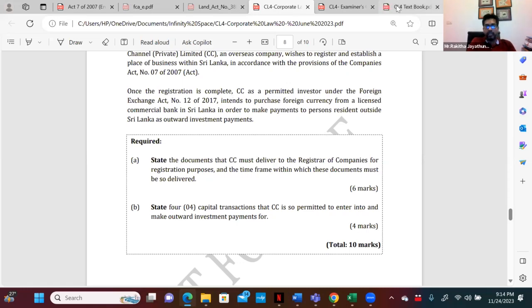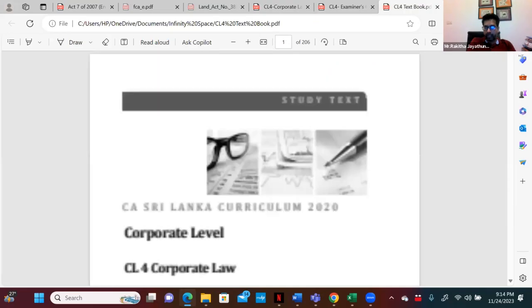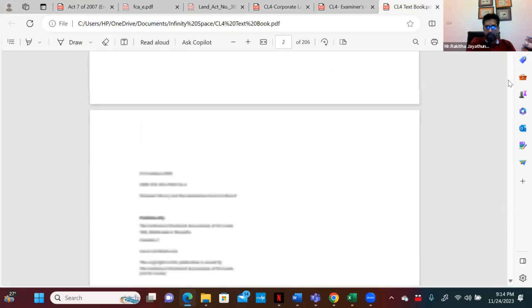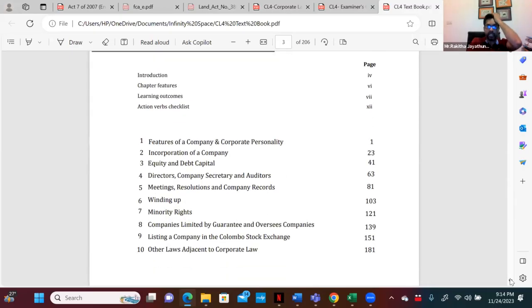Now I have the CL4 textbook. Now look at the chapters here. I mentioned this at the beginning. I believe that this will be useful for you guys when you're preparing yourself for the exam. Now, these are the topics. Features of a company and corporate personality, from the Companies Act.